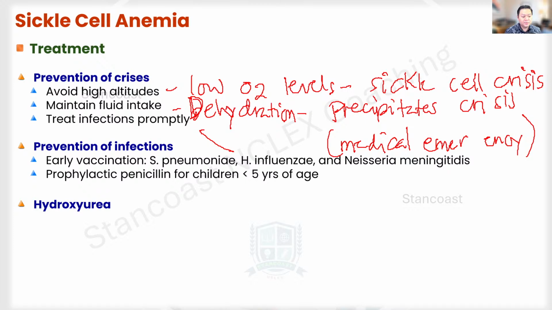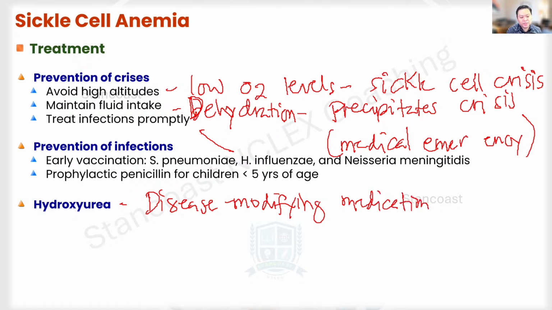Okay, let me just shift my pen. So the hydroxyurea is what we call a disease modifying medication. And the hydroxyurea can also be used as an anti-cancer, anti-metabolite. But in a case with a sickle cell disease, this is going to be used as a disease modifying medication, wherein it can increase the fetal hemoglobin.